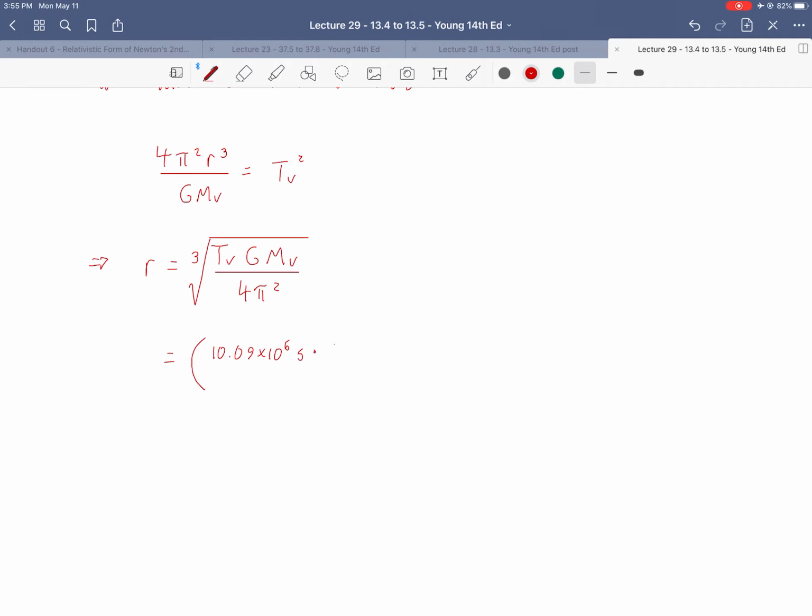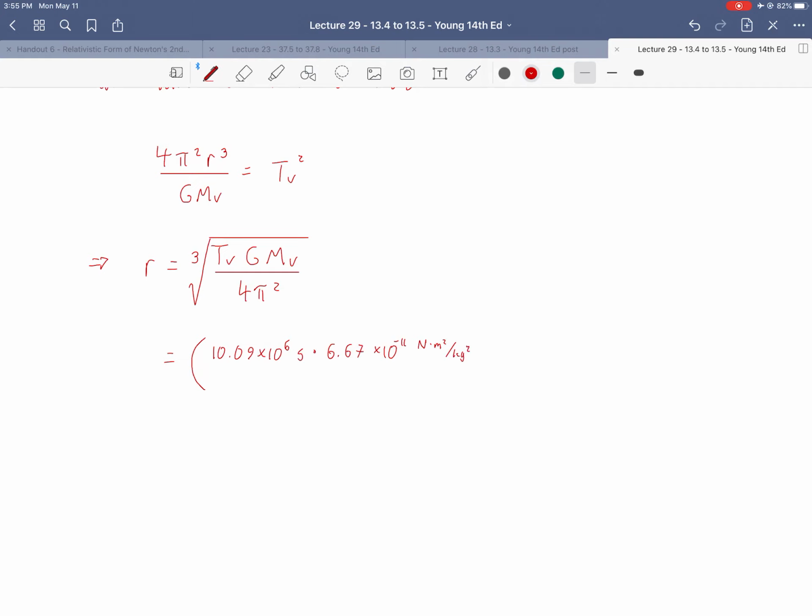So 6.67. Oh, when I said 626, I was thinking Planck's constant. Yeah, I knew I was misspeaking. 6.67 times 10 to the negative 11 is a very, very different constant, especially on order of magnitudes, 10 to the negative 34 in different units. But sometimes the numbers are similar enough that I mix them up. So there's our universal gravitational constant.